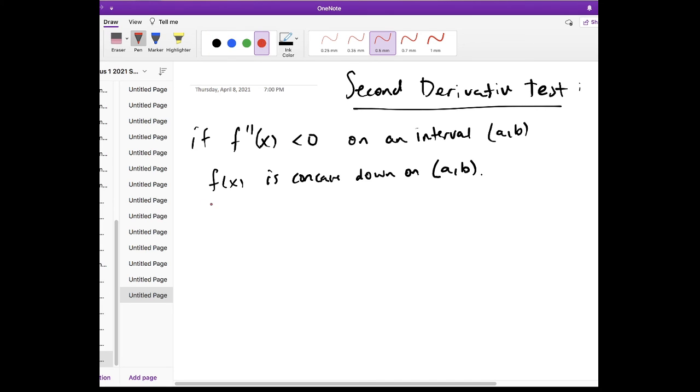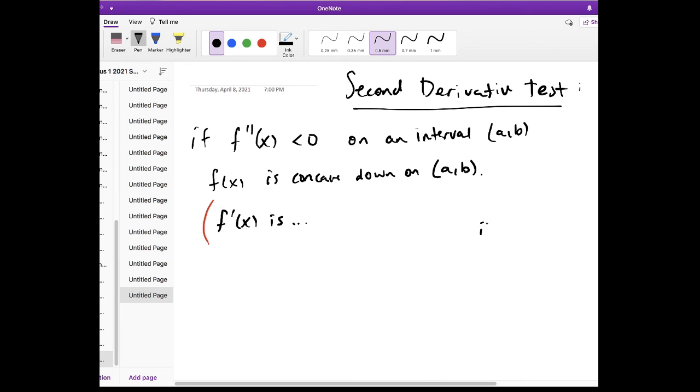First of all, using the first derivative test, what do you know about the first derivative on this interval? If you know the second derivative is negative on an interval, what do you know about the first derivative? It's kind of funky. If the question is confusing, let G equal f prime and G prime equal f double prime.